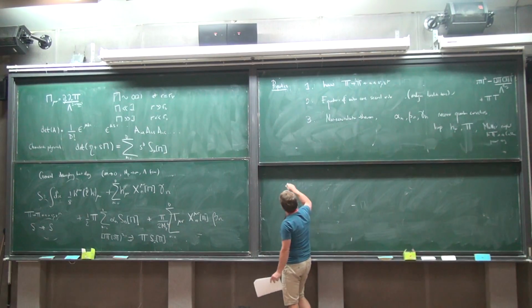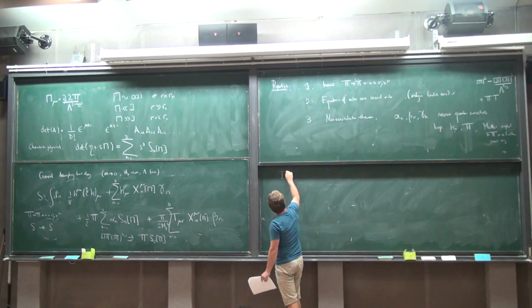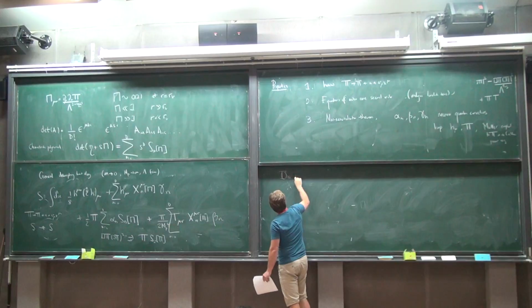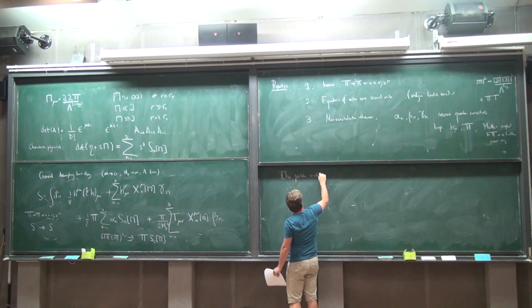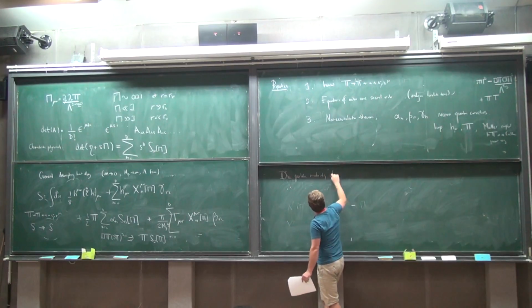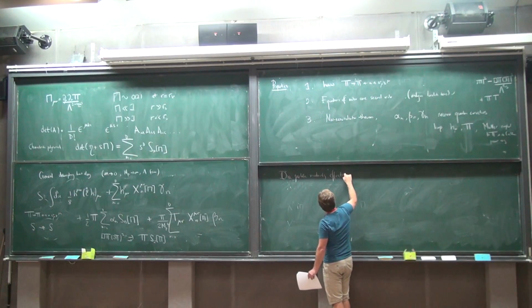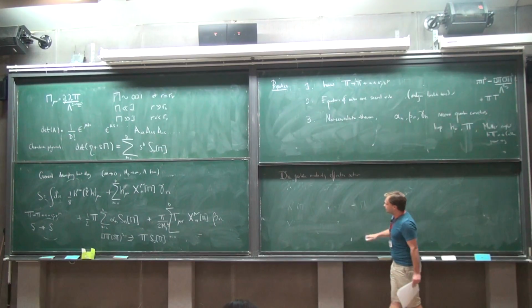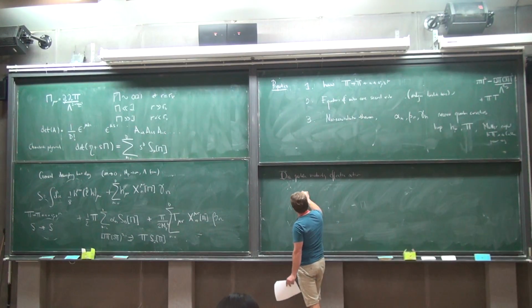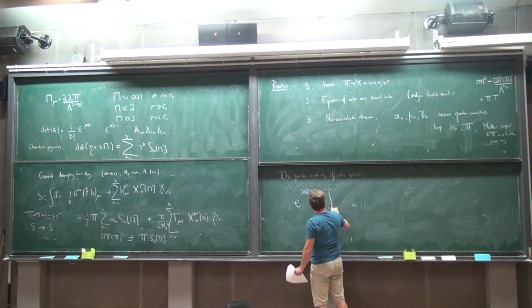To do that, let me compute what in quantum field theory is called the one particle irreducible effective action. So I mentioned before the generating functional for the scalar field theory.